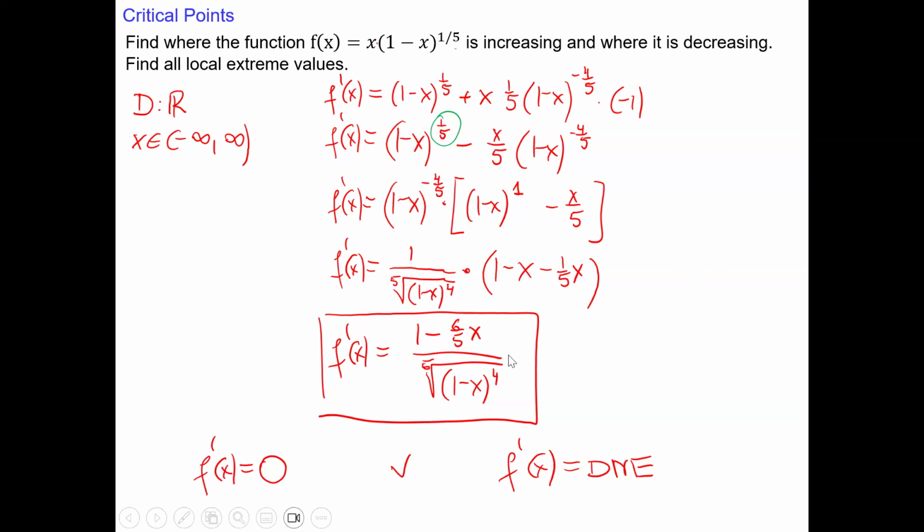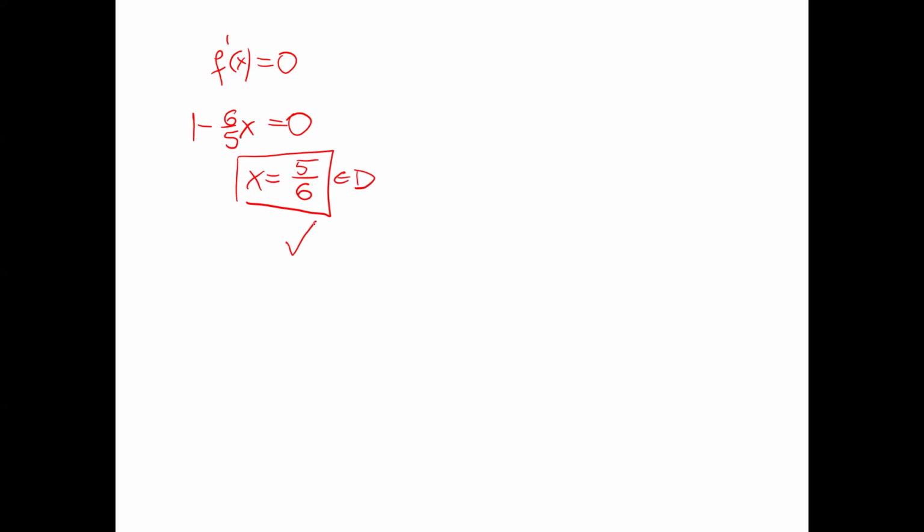And this expression is a fraction, which is 0 if the numerator is 0. That means, one more time, the derivative is 0 if 1 minus 6 over 5 x equals 0. Then x equals 5/6. I hope I solved this equation correctly. And this belongs to the domain, so yes, this is a critical number.